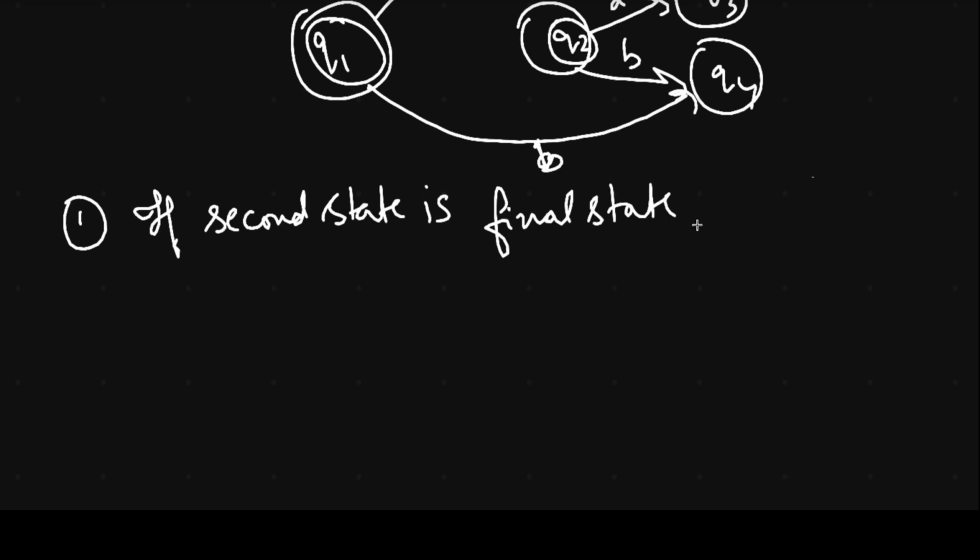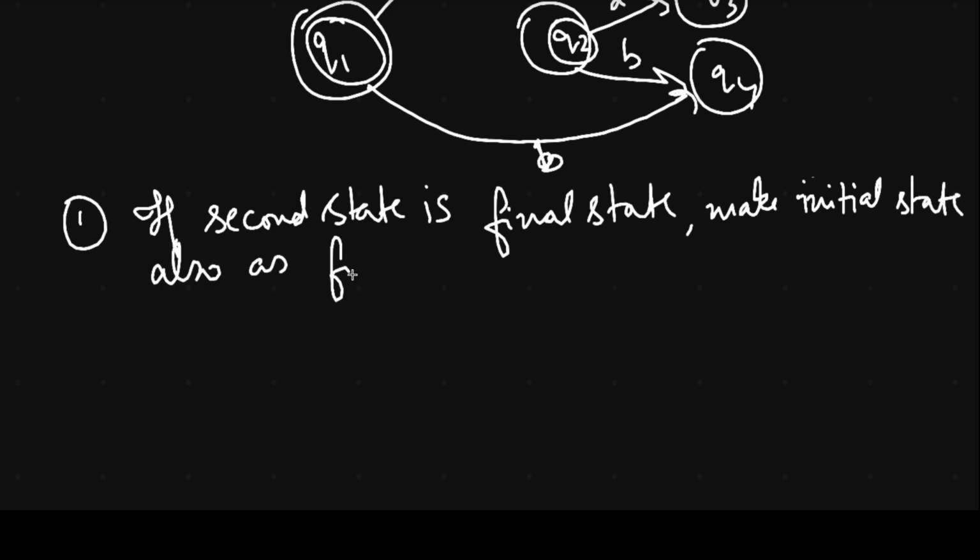So if the second state is a final state, then make the initial state also a final state. Like we did here, because Q2 was our final state, so we made Q1 also our final state.